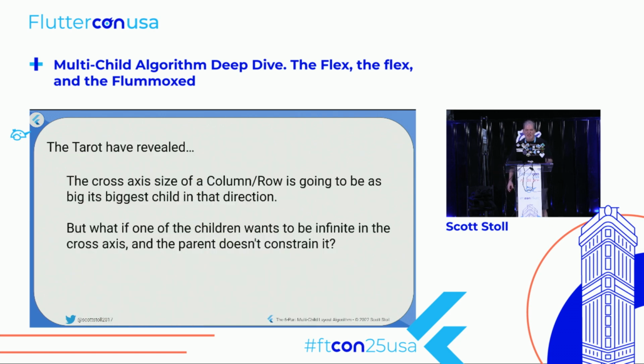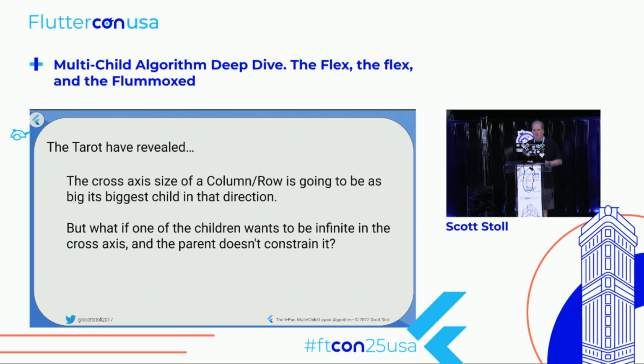The cross-axis size of a row or column is going to be as big as its biggest child in the cross-axis direction. Okay? In other words, it will be as big as the largest child wants to be, or as big as its parent says to be. If the parent passes down a constraint that is larger, and it's a tight constraint, that's going to force your row or column to be larger than its largest child.